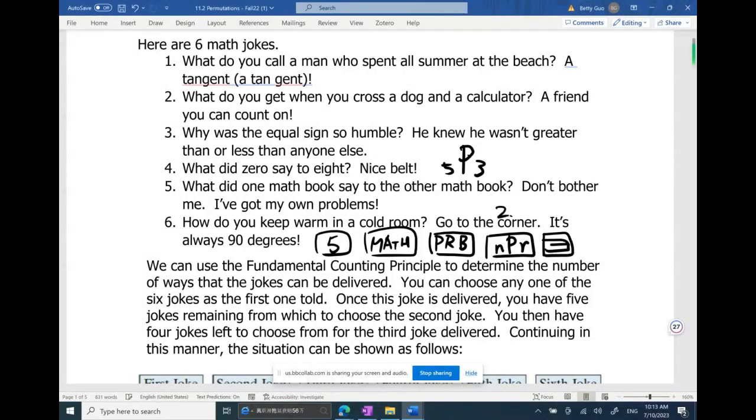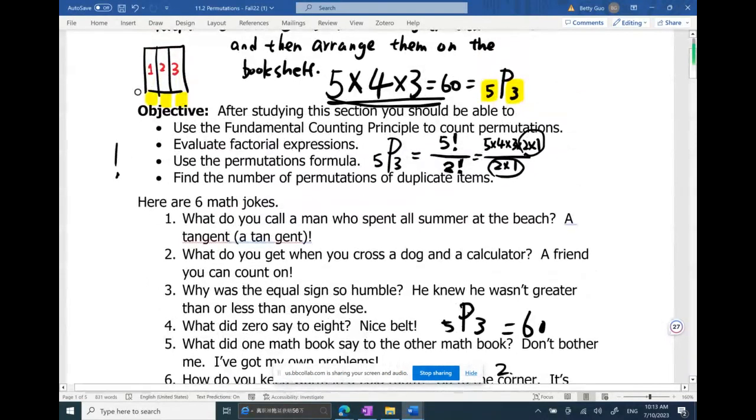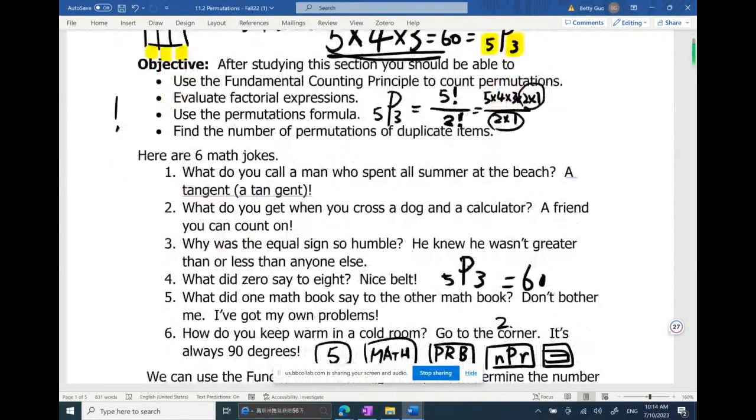The second one is NPR. You enter NPR, then enter the number 3, and then enter, and you will have the value equal to 60. This way your calculation of permutation becomes a lot easier. You don't have to always use the formula to find the value.